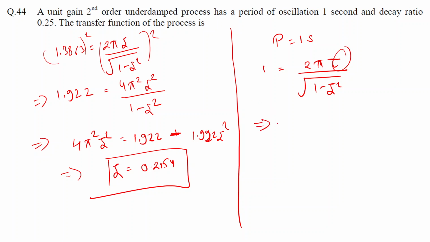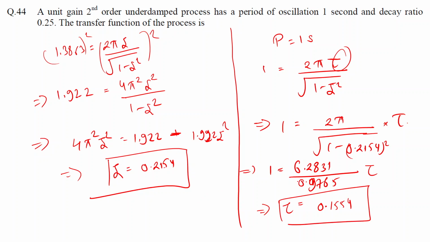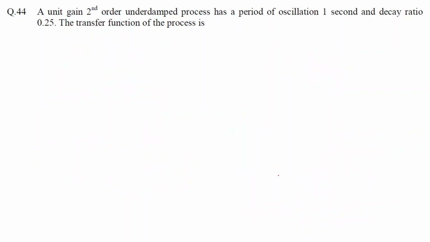We replace the values: 1 equals 2 pi upon under root of 1 minus 0.2154 square into tau. From here we get the value of the time constant as 0.1554.